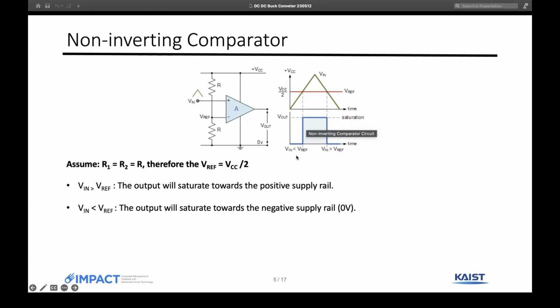If Vin is lesser than Vref, then we have 0, because the negative supply voltage is grounded, so it is 0. And if Vin is greater than Vref, as you can see in this part of the graph, where the red line is Vref and Vin is greater than Vref, the output is plus VCC.